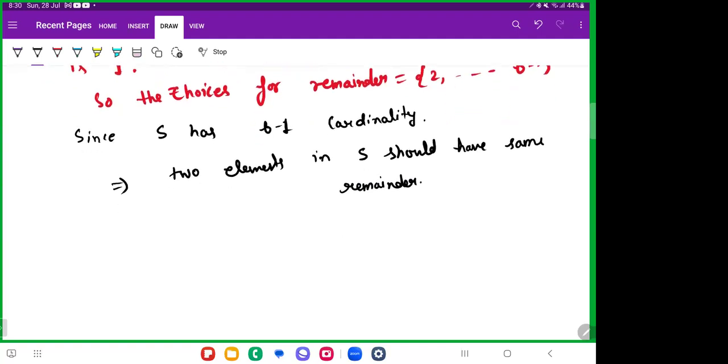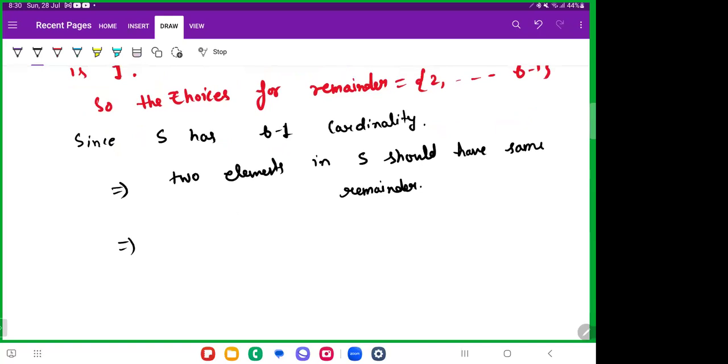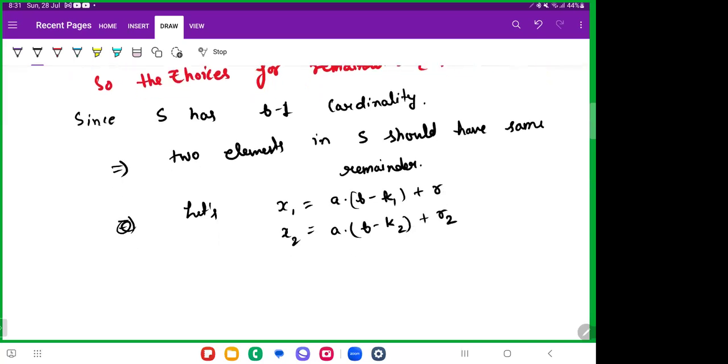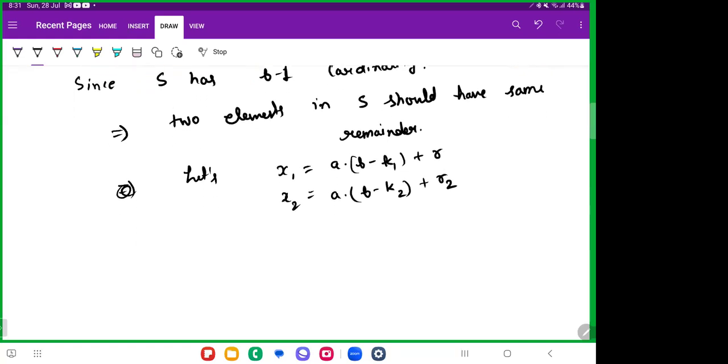So let's say these elements will be of the form x1 and x2. How will they look? X1 is of the form a dot k1 plus r, and x2 is a dot k2 plus r. They will be of this form, right?